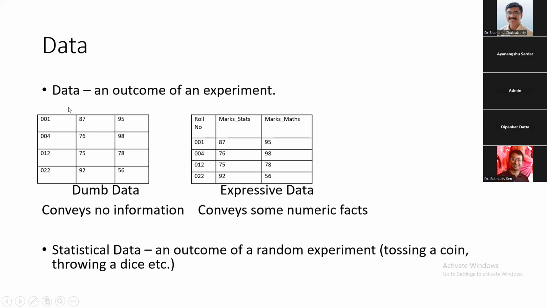The dumb data, we cannot say it is a data frame because it conveys no information. But this is my expressive data, maintaining the column names and similarly the serial numbers of rows. Then we can say this is called expressive data, which conveys some information.